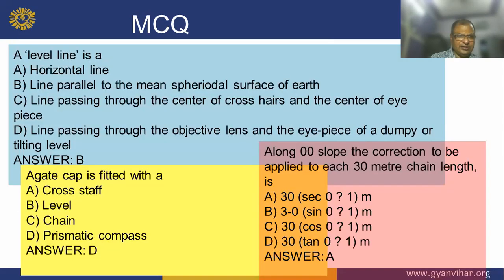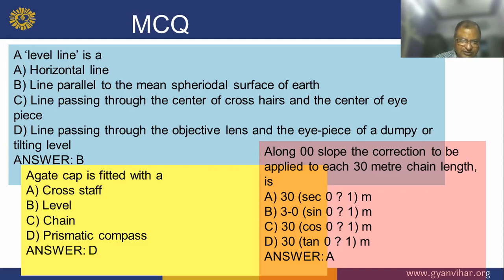Now, a level line is a horizontal line or a vertical line? Which is the correct answer? The correct answer is B. It is a line parallel to the mean spherical surface of the earth.